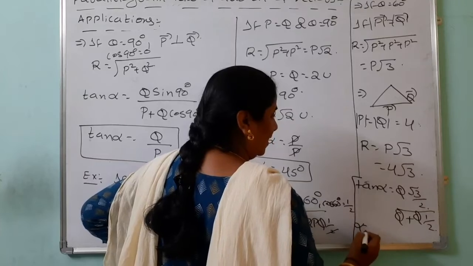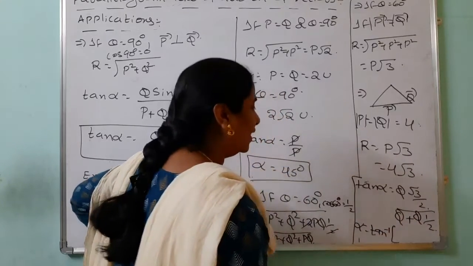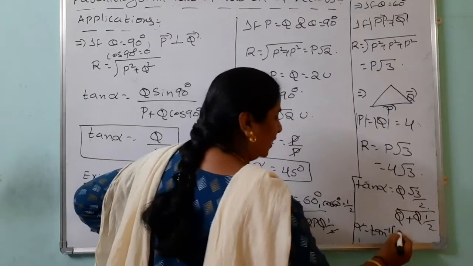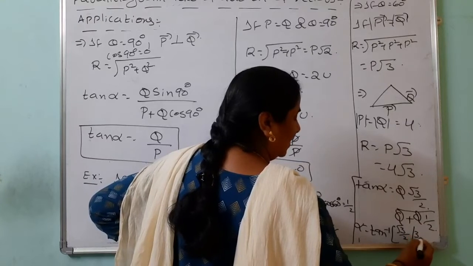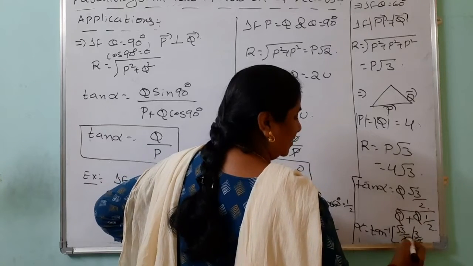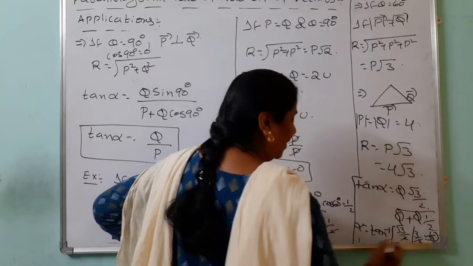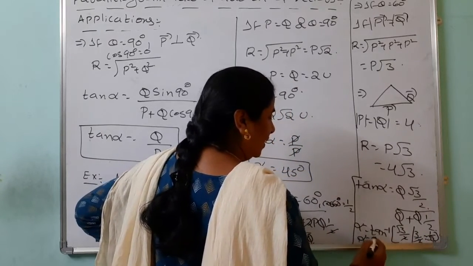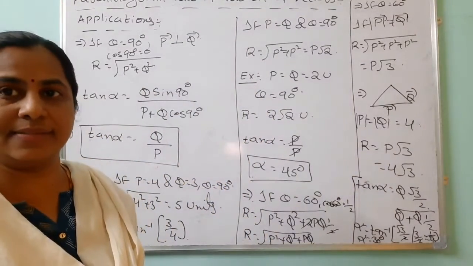After simplification, alpha equals tan inverse. Anyway, you can take the Q common and cancel. Here root 3 by 2 numerator divided by 3 by 2, this one cancel. This is 1 by root 3. 1 by root 3 means alpha equals how much? 30 degrees. Alpha equals 30 degrees.